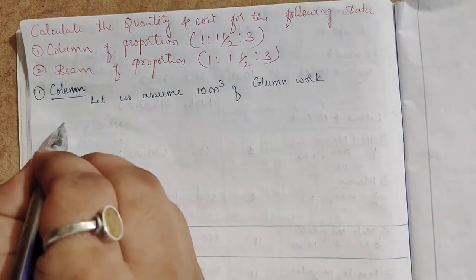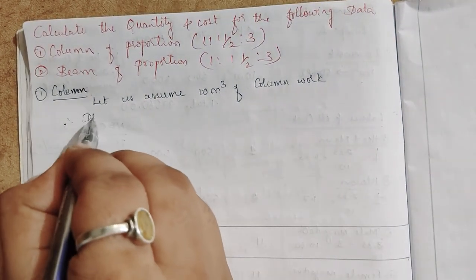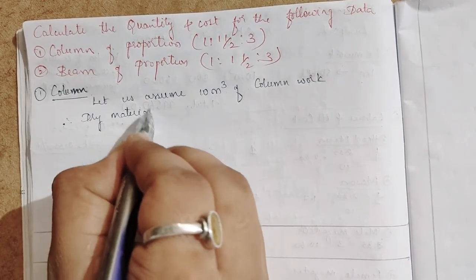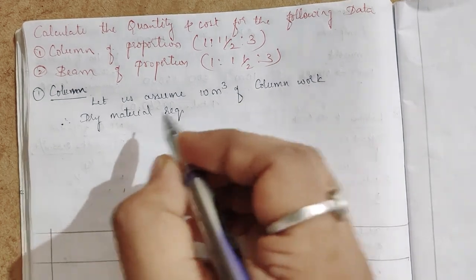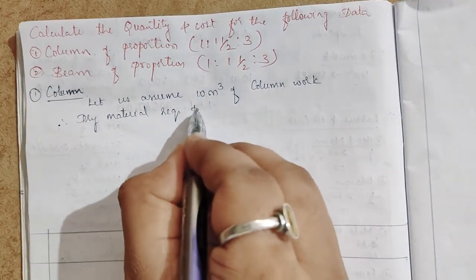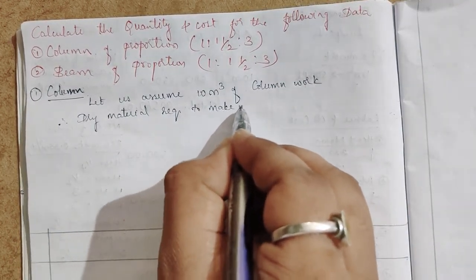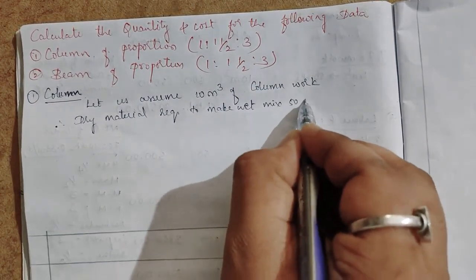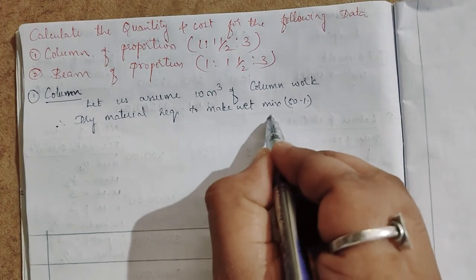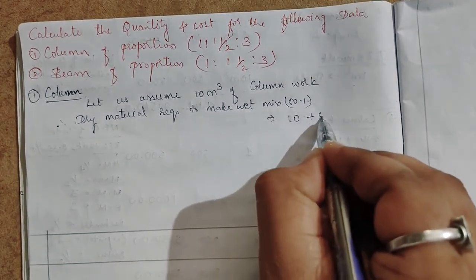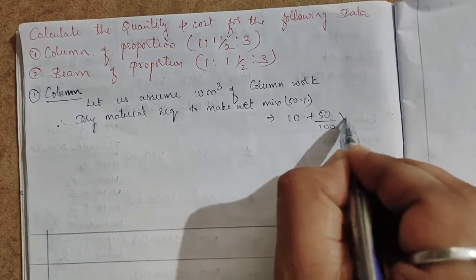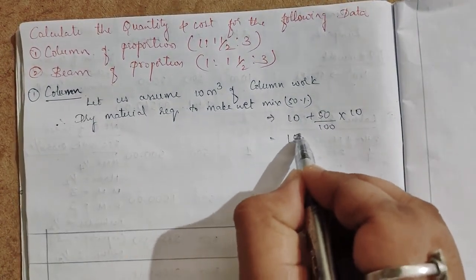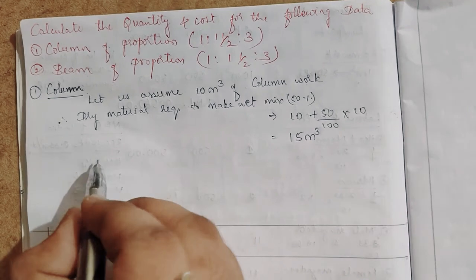Then dry material required to make wet mix, that is 50%. We'll add, right? So 10 plus 50 by 100 into 10, so we'll get 15 meter cube.